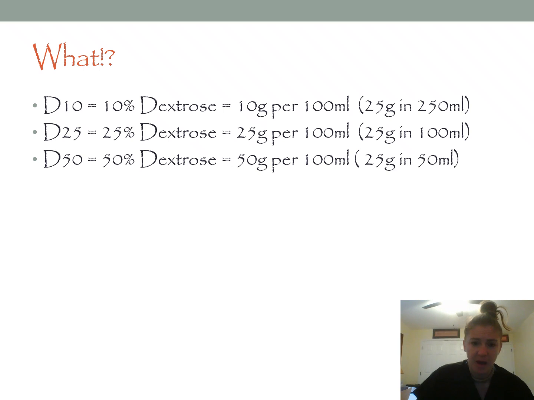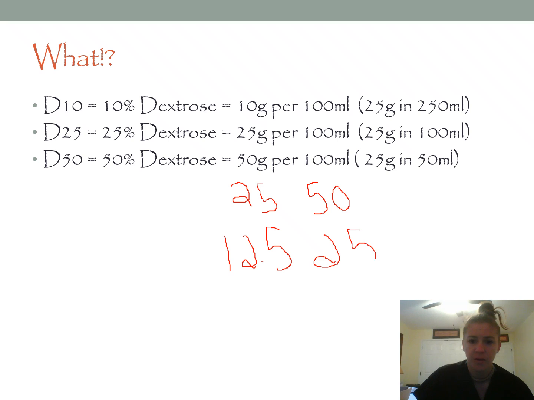So remember with basic math, if you half the amount of a medication, you can half the volume. So we have 25 and 50. If you half that again, you would have 12.5 and 25, and so on and so forth. You can see how all the numbers are divisible by 5 also.